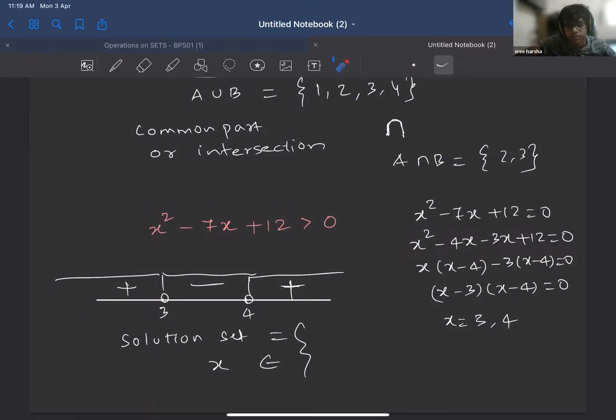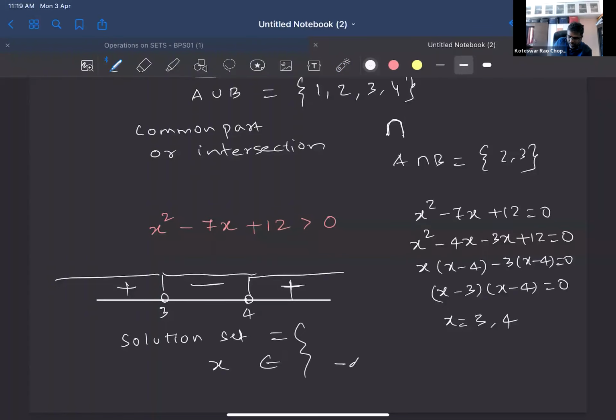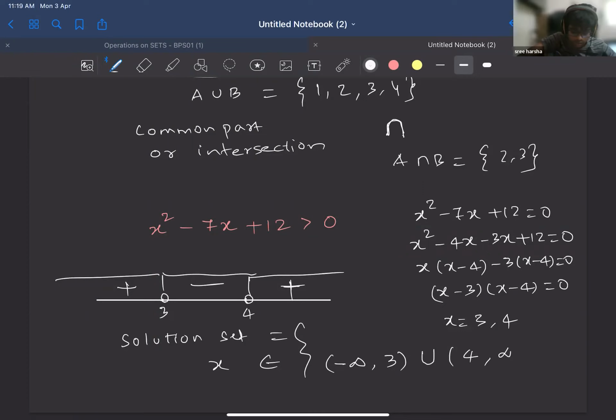Anything between minus infinity and 3. Very good, so minus infinity to 3. Is 3 included? No, sir. No. So you put an open bracket, then you say union, and then you do 4 and infinity. So that is how you get the intervals here. Are we okay here? Yes. Okay.